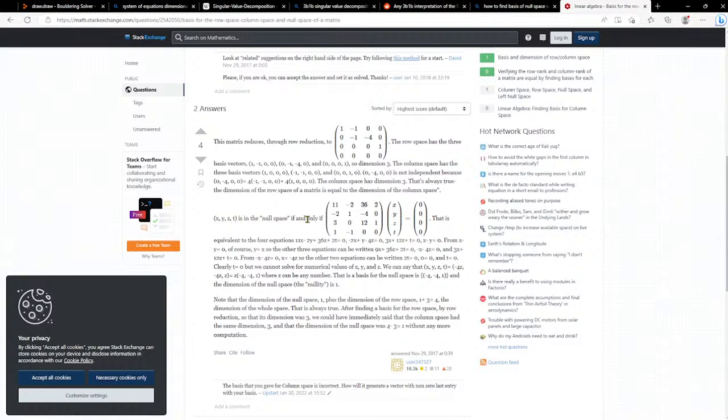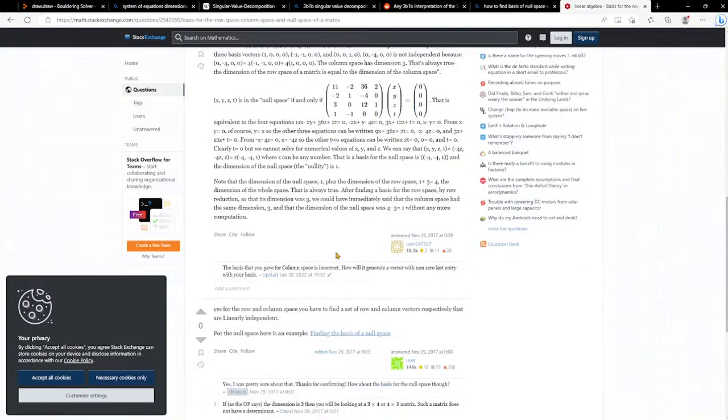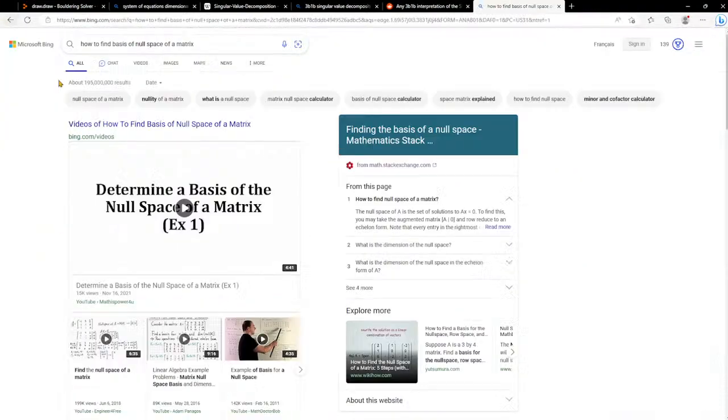XYZ is in the null space if and only if blah, that is equivalent to the four equations blah blah blah blah from minus y equals 0, of course y equals x, so the other three equations can be written. It's not an algorithm. This is just filling with algebra.